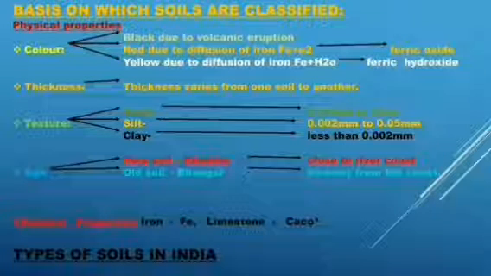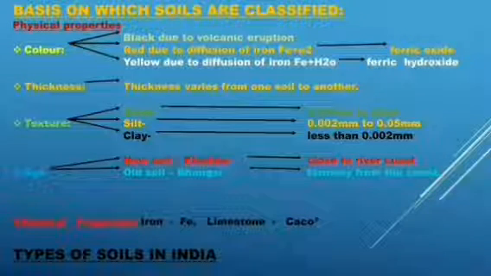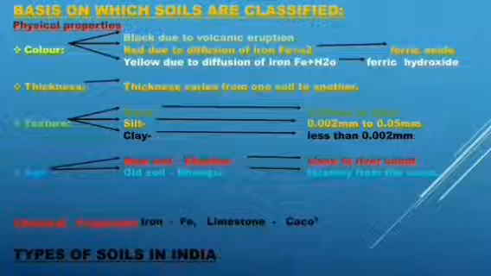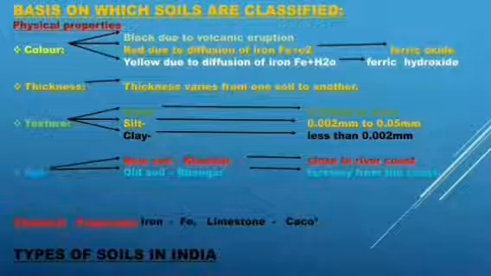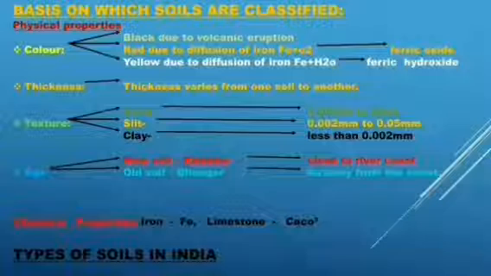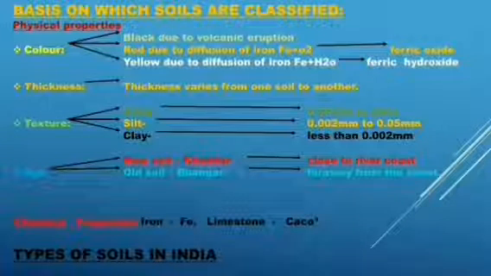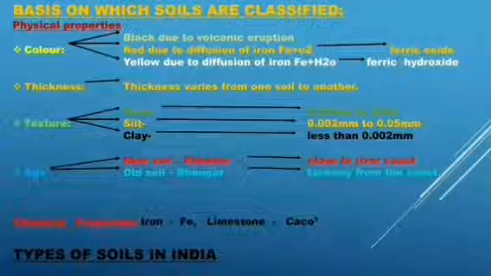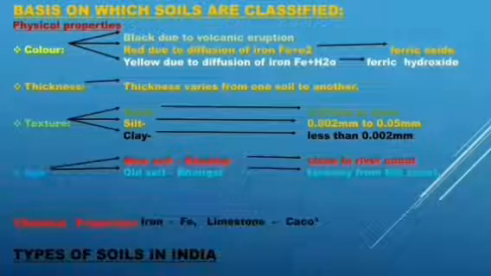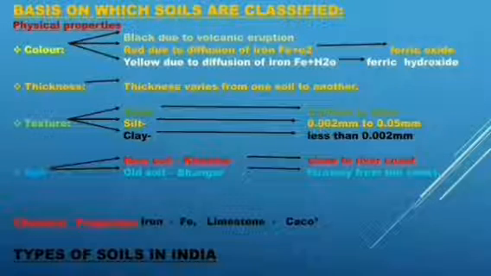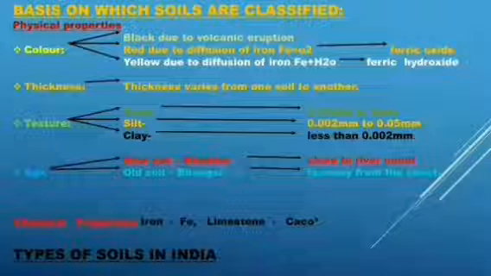Chemical composition. What is the composition of the soil or minerals from which the soil is formed? As you know, different soils have a composition of phosphorus, potash, and calcium carbonate.